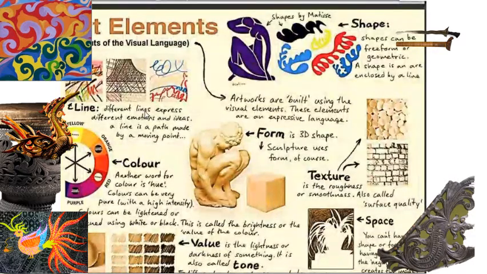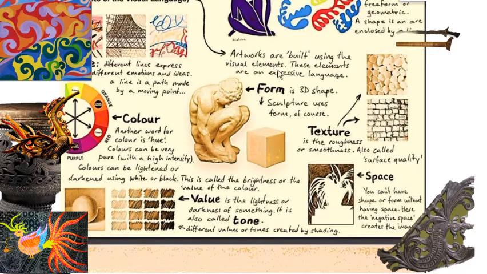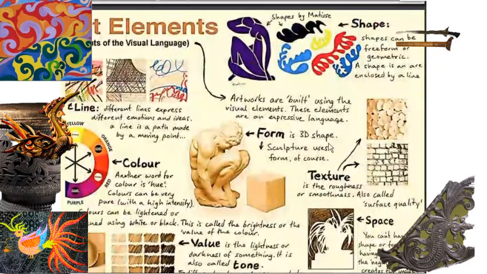After the color and the line, shapes can be geometric, freeform, or organic. The shape is close to a line. Before we go to form, we go to shapes first.